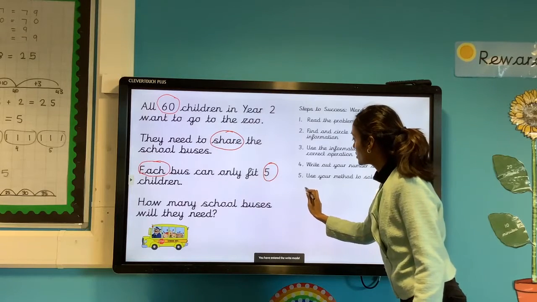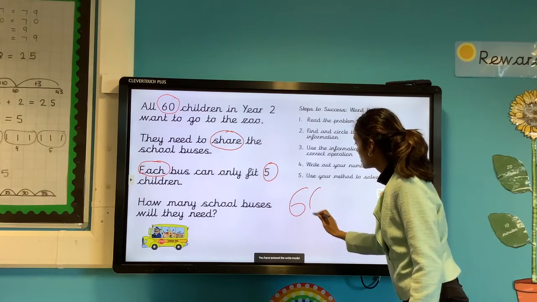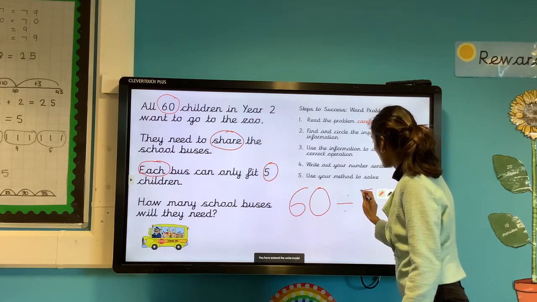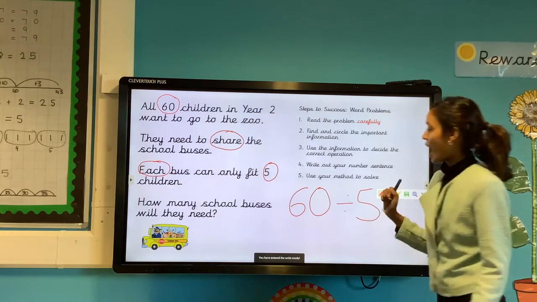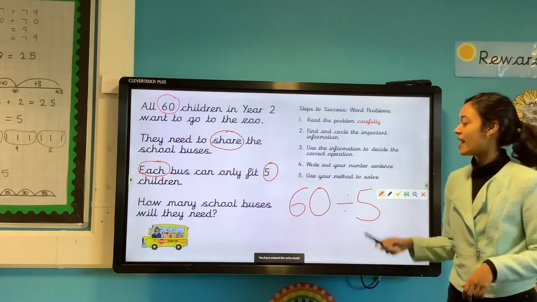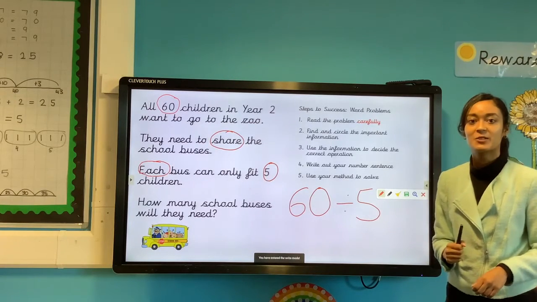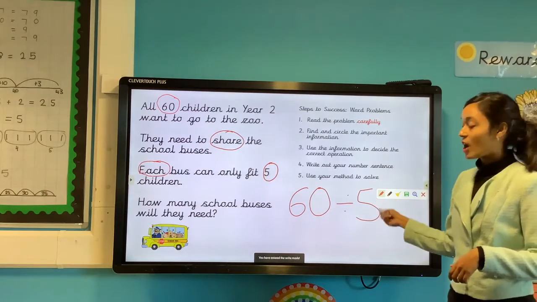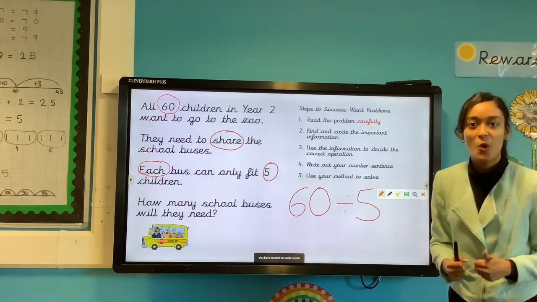So we're going to write 60 divided by 5, okay? And using your division method, I'd like you to pause the video once again and have a go at solving that number sentence. Amazing, welcome back. So 60 divided by 5, you should have got 12 for that, so well done.